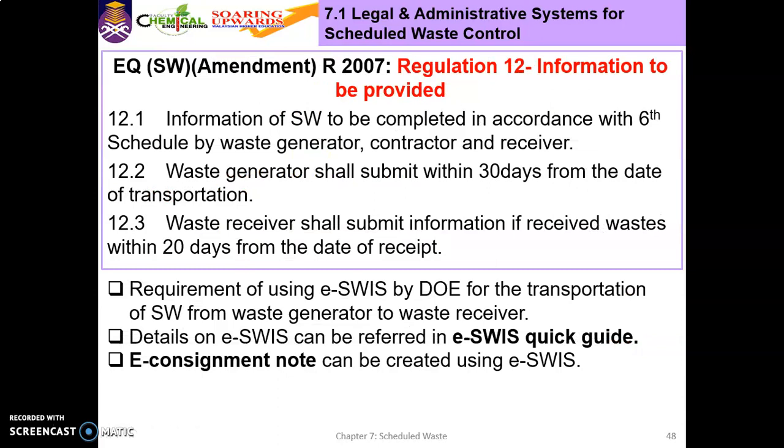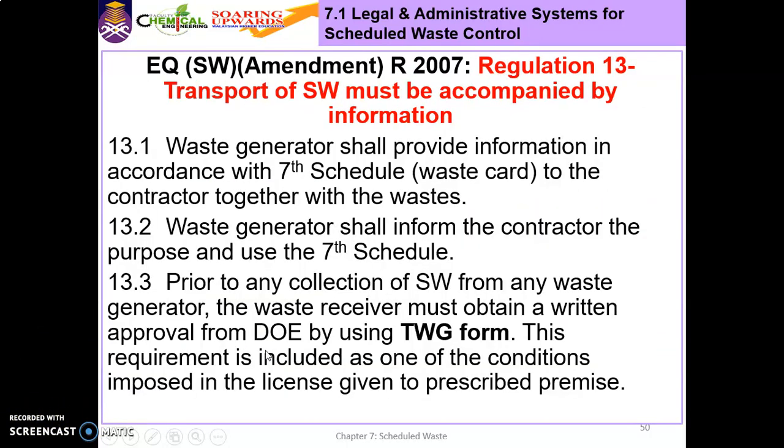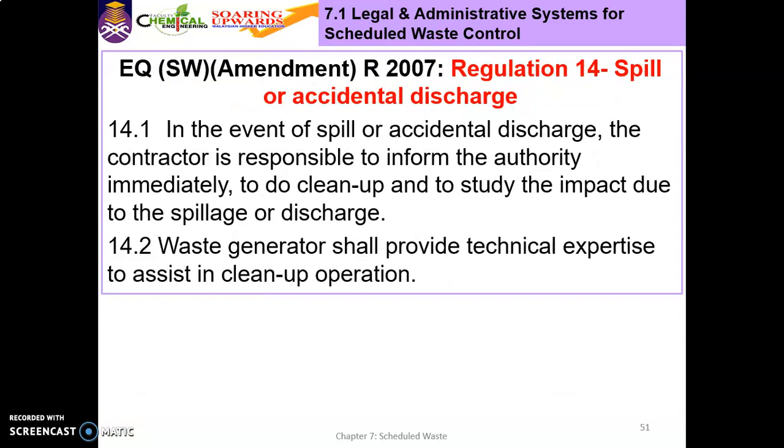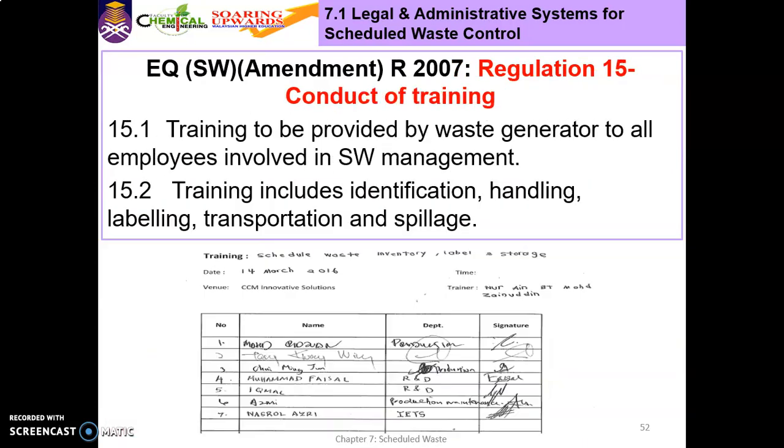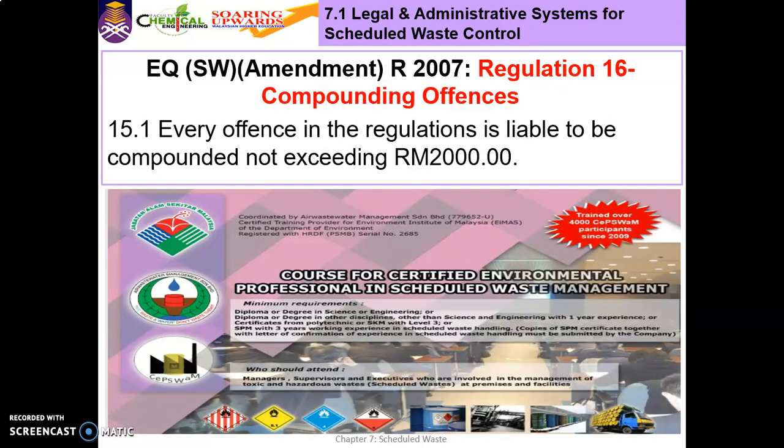Regulation 12 involves the information to be provided. Regulation number 13 is about transport of scheduled waste. Regulation 14 is about spill or accidental discharge. Regulation 15 is about conducting training, and regulation 16 is about compound.